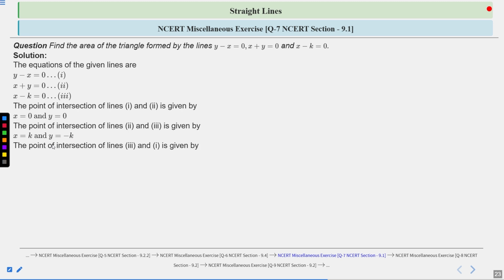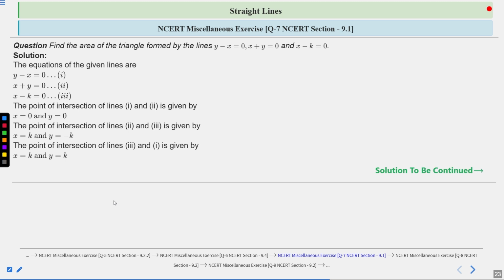Now, what is the point of intersection of lines 3 and 1? So now solve equations 1 and 3. The point of intersection on solving equations 1 and 3 is given by x equal to k and y equal to k. Okay. So we obtain the point of intersection of lines 1 and 2, of lines 2 and 3, and of lines 3 and 1.